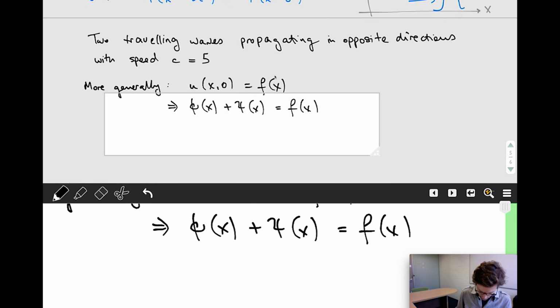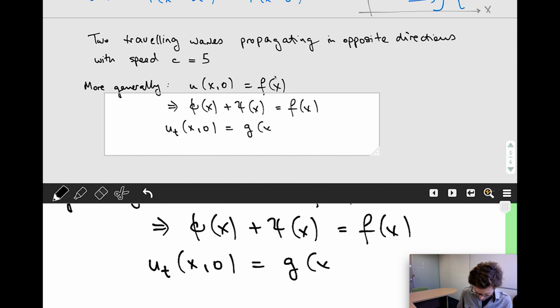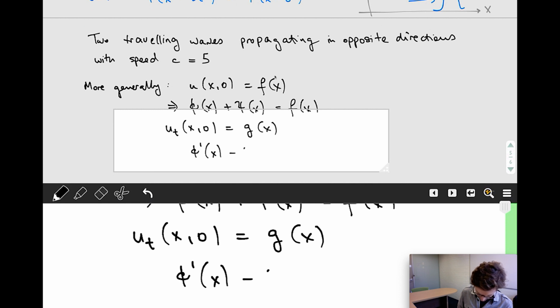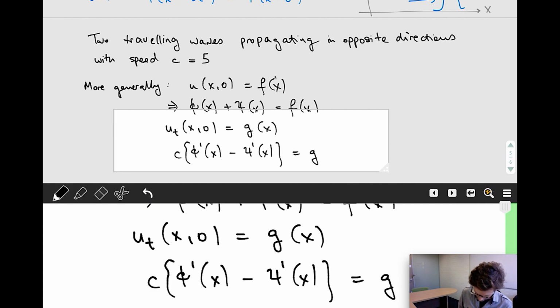And let's say that we're told that the initial speed is g of x. So again, going through that same process, we would find that phi prime x minus psi prime x, all multiplied by c, is equal to g of x.